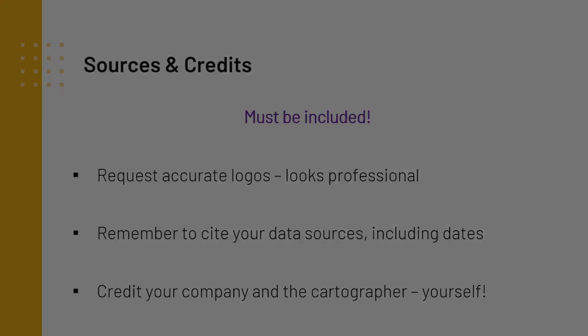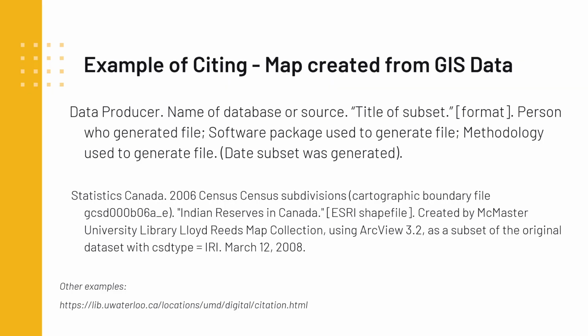So some examples of formal citing on a map could be something like the data producer, the name of the database or the source, the title of a subset if it's required, and then the format. The person who generated the file, whatever software package was used to generate the file, as well as the methodology used to generate the file, and the date the subset was created.